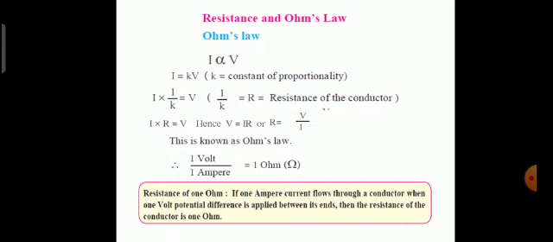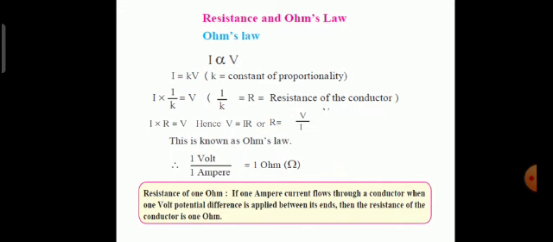Because conductors, whether they are made of copper or nichrome, it depends. And the better the conductor, the more electrons will flow through it. So this is known as Ohm's law, where if the physical state of the conductor remains constant, then the current flowing through it is directly proportional to the potential difference.